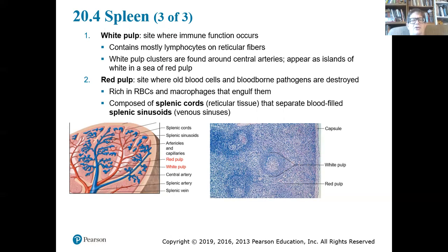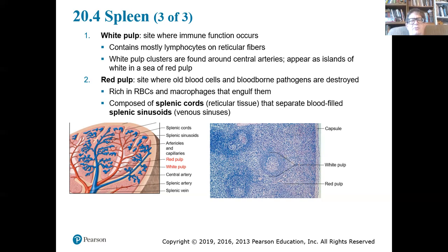We have this around central arteries, and if you look at a slide of the spleen, you will see what they are calling islands of white pulp in a sea of red pulp. That's important. That's a good way for you to remember that it is mostly red pulp.